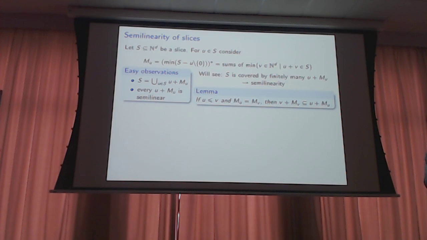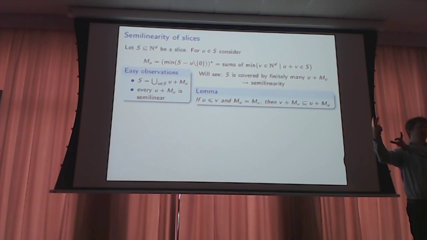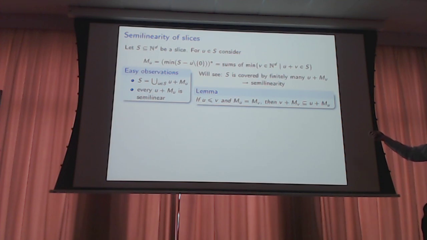And the reason is, if some element in between U and V had a monoid that were larger than MU, the only way this can happen is that this element in between, this W, has a minimal element that's smaller than the minimal element of U. But if that were the case, V would also have one, because you could transport this element to V by the slice product. So you know that every element in between U and V also has the same MU.